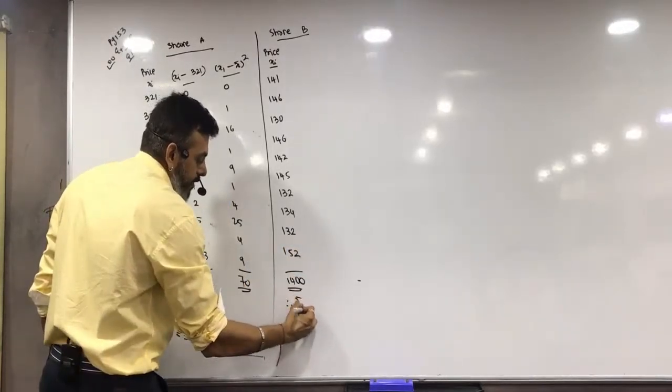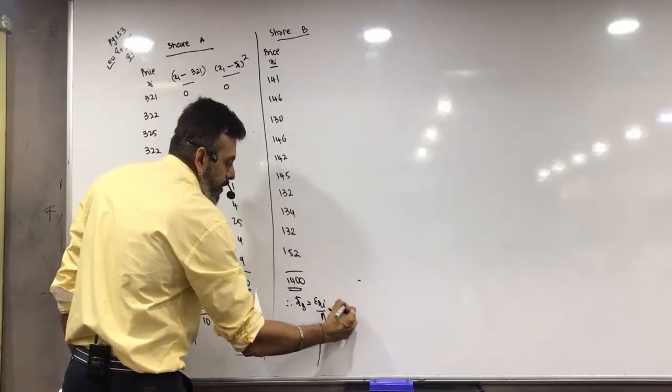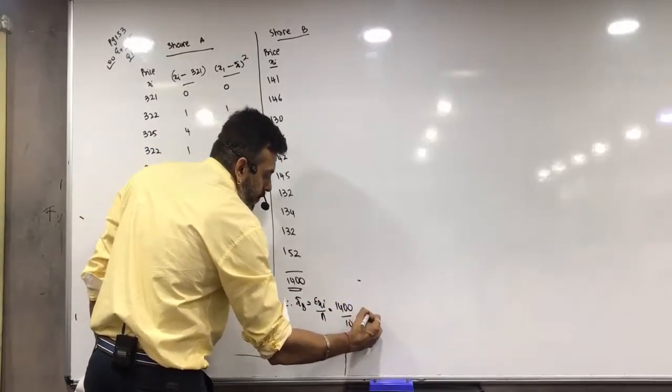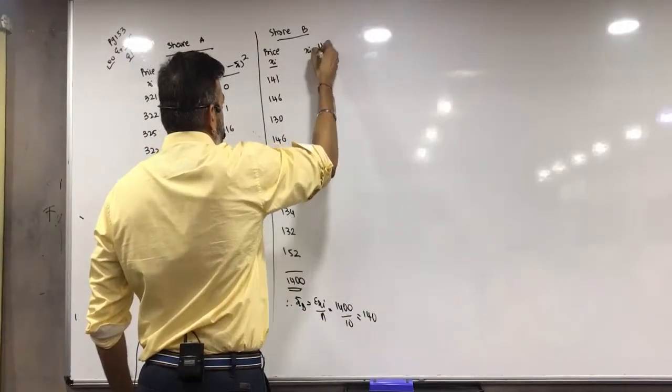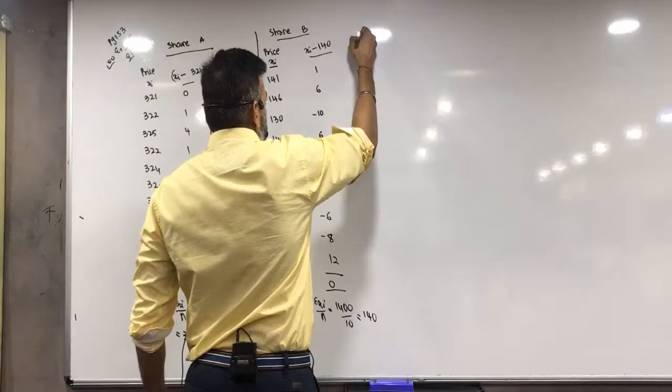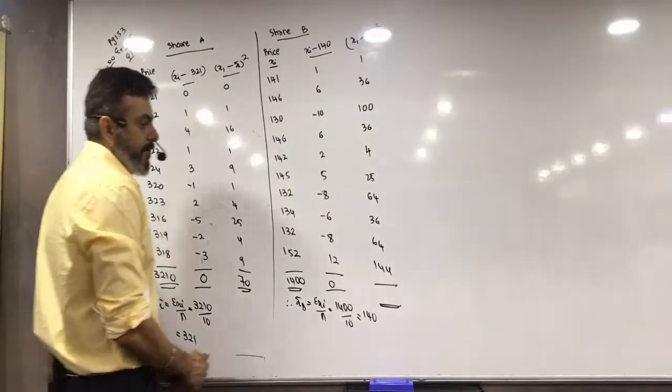Therefore, x bar of B is sigma xi upon n, 1400 upon 10, which is 140. Then xi minus x bar, the whole square, total 110.